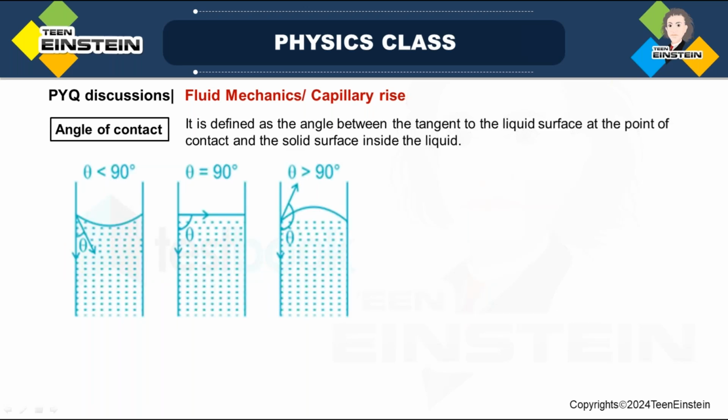Now I'll discuss the angle of contact. We have seen that there is a contact point between the solid and liquid. If you see, this is the liquid and this is the solid, the container, and this is the point of contact.